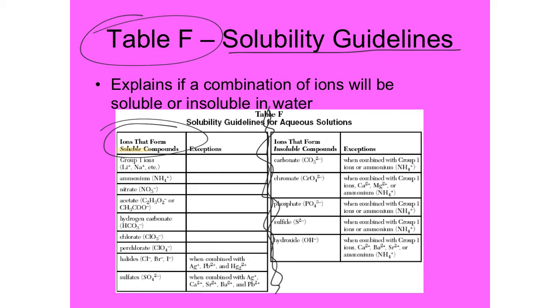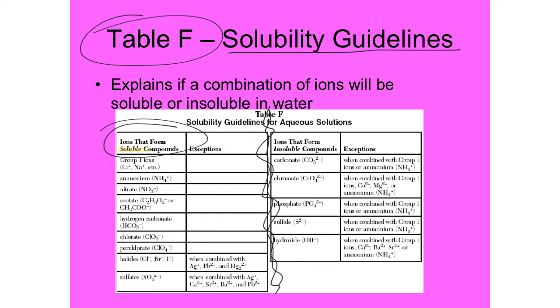There's no exception. Same thing with ammonium, nitrate, acetate, hydrogen carbonate, chlorate, and perchlorate. When we get down to the halides, group 17, those will be soluble unless they're combined with silver, lead, or dimercury. And similar for sulfates.